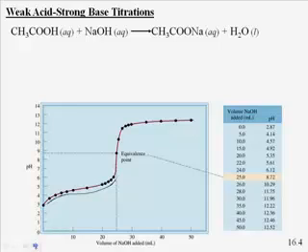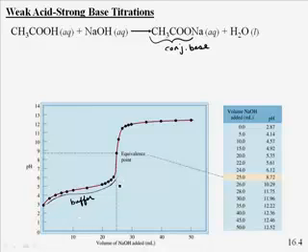As you are titrating the weak acid, you are making a salt that has its conjugate base. So when we're doing these titrations, we are basically making a buffer solution in this part of the curve. We have some buffering going on before we hit the equivalence point.